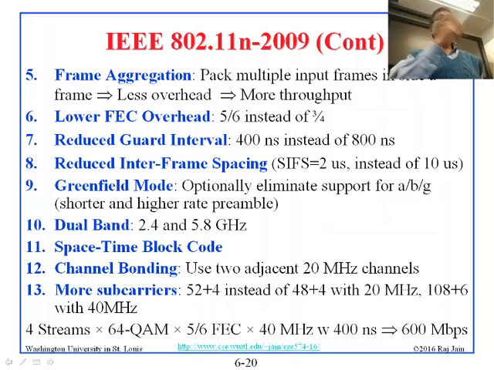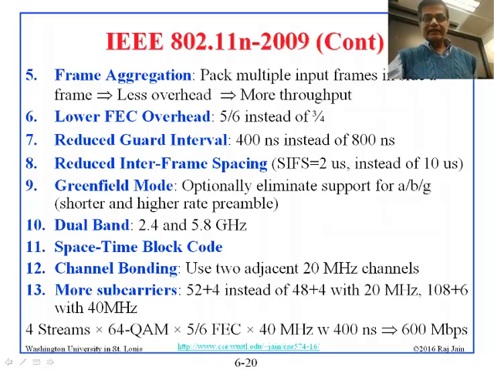For example, at my home, I first started 5.6 and then I turned it off. I don't know why, it's basically an arbitrary decision. You can have different networks on those two too. It asks me what is the name of your 5.6 network and what is the name of your 2.4. You could give the same name, you could give different names. Dual band. Space-time block code, STBC, requires explanation.